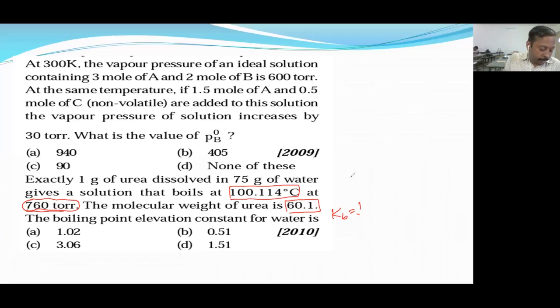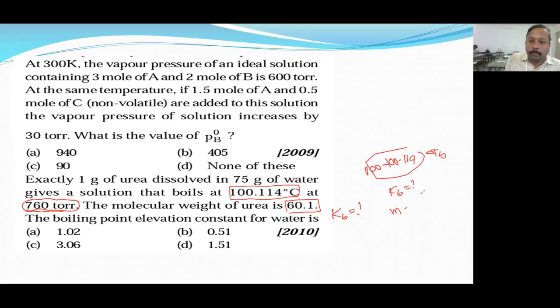Okay, it is a very simple question. Delta TB is given. What is given? Delta TB will be 100.114 minus 100. This is delta TB. Now delta TB is given, and you have to find KB for the molality.